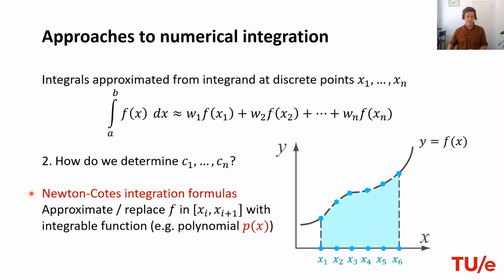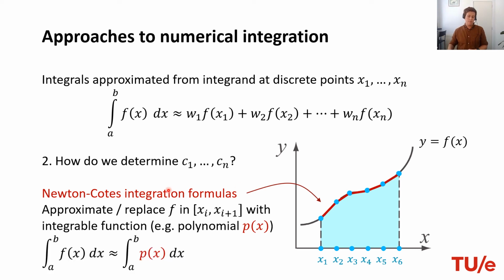Well, they approximate the function f, so this black line, the function f of x, over the integration interval with a function that we can easily integrate. For instance, most of these Newton-Cotes methods will use a polynomial function of a certain degree: zero order, that would be a constant, first order, that would be a line, or a quadratic function, etc. So we use polynomial functions. And in that sense, this red line approximates the black line.